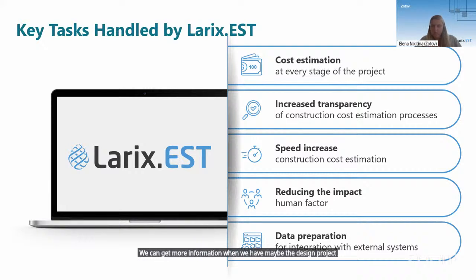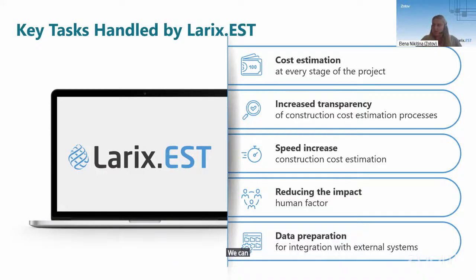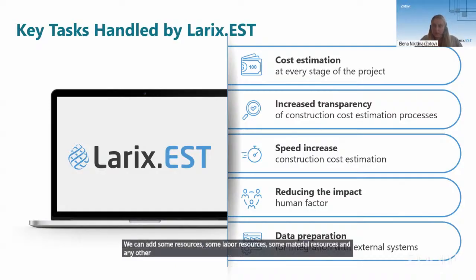We can have thousands or maybe tens of thousands of line items in our BOQs. We can add some resources, some labor resources, some material resources, and any other resources, so we can make the full BOQ that we need.